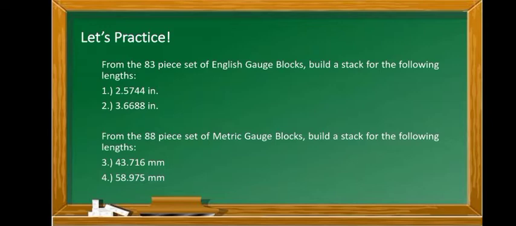And from the 88-piece set of metric gauge blocks, build a stack for the following lengths: 43.716 mm and 58.975 mm. So just follow the procedure in selecting gauge blocks. So you can just pause this video so that you will have enough time in answering the activity.